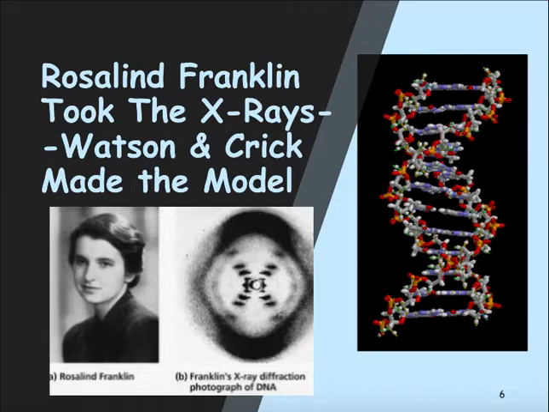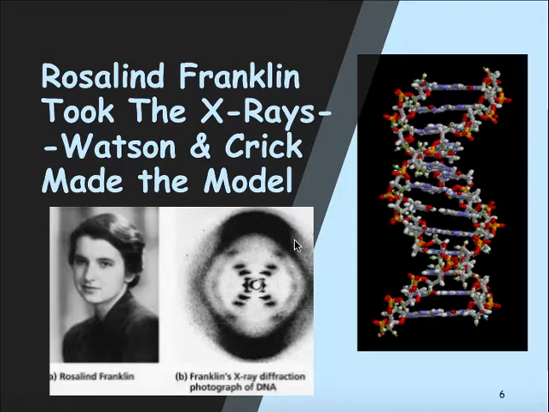So an early pioneer of figuring out the structure of DNA was actually Rosalind Franklin, and here's a picture of her. She worked really hard to get these x-rays of DNA structure by doing something called X-ray diffraction.